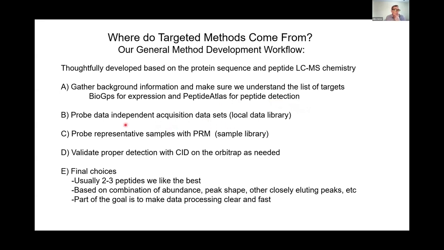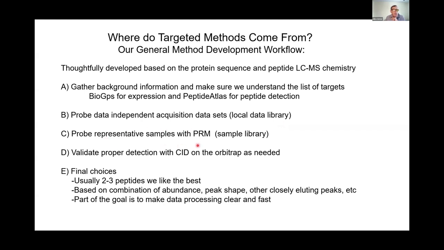From there, what we do most often now is we probe some DIA data sets, and I maintain a local data library of different tissues and different experiments that people submit to me, to have a beginning resource to look and see which peptides might be our best flyers.